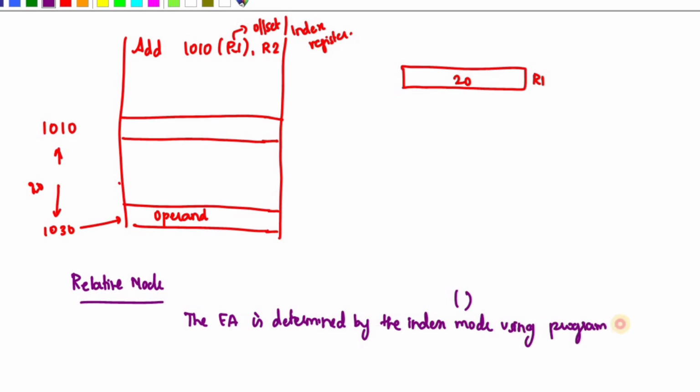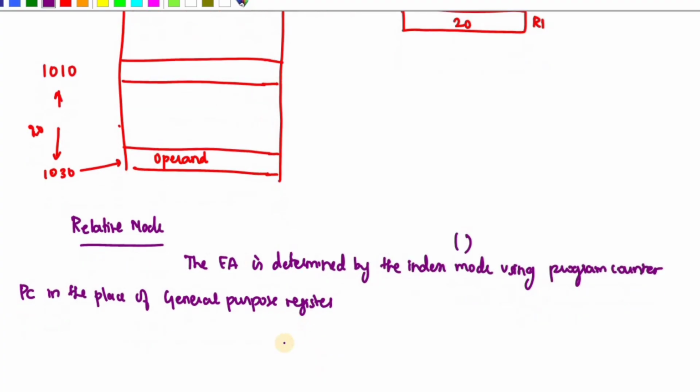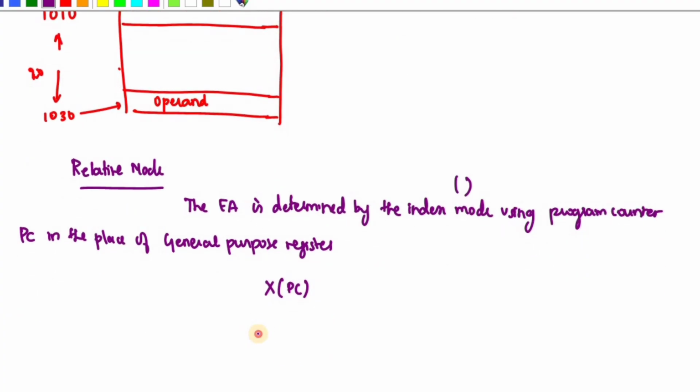So instead of a general purpose register like R1 or R2, we are using the program counter, PC. This is the only change. So it can be written as X of PC. X plus PC is my effective address, right? X represents the offset.